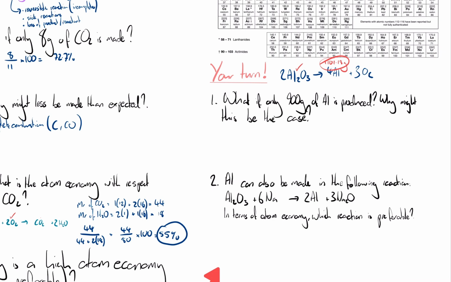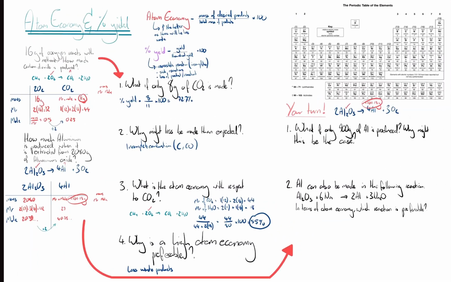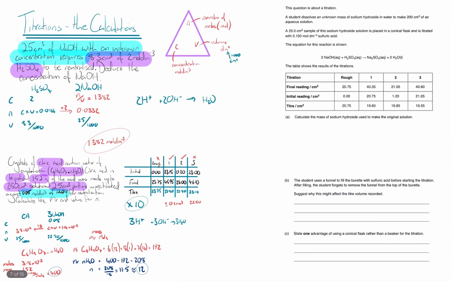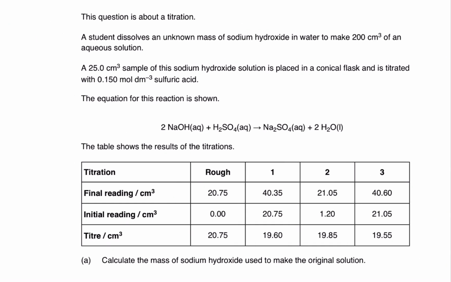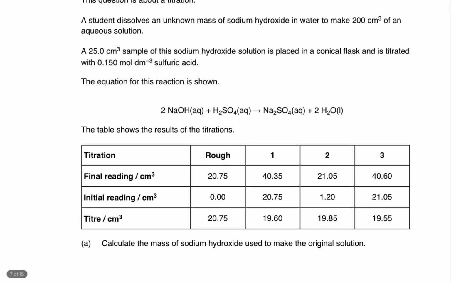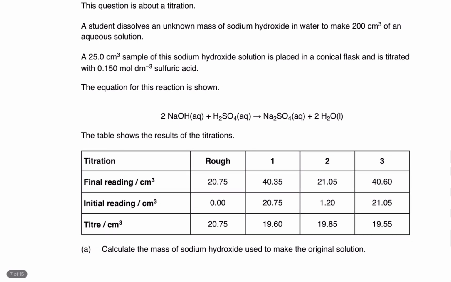Now we'll look at the answers to the titration question at the end of last video. So here, titration. A student dissolves an unknown mass of sodium hydroxide in water to make 200 centimetres cubed of an aqueous solution.